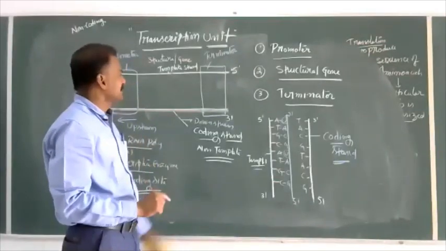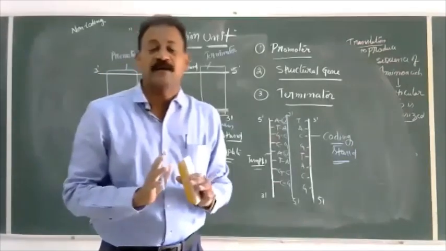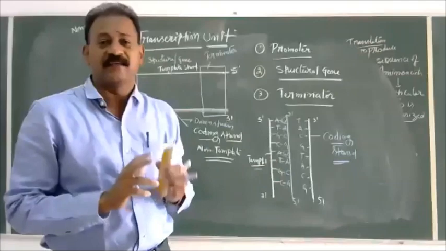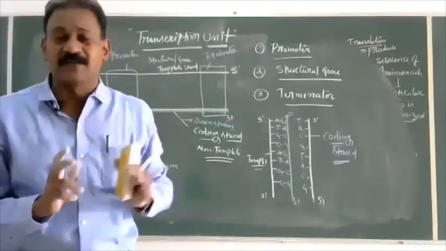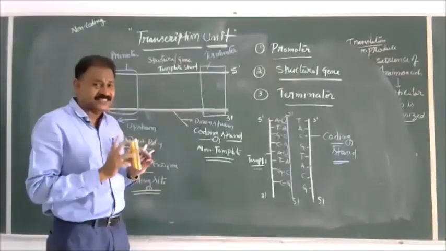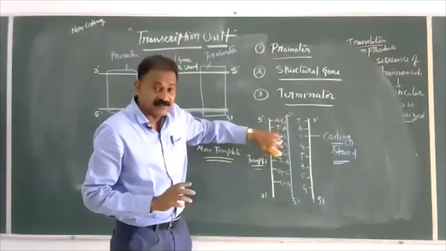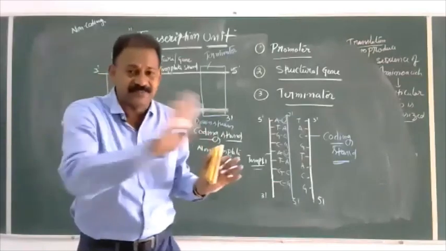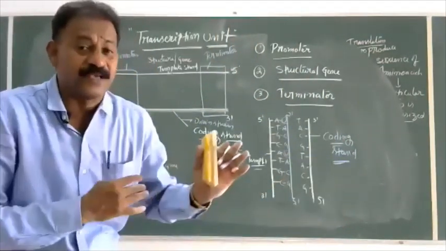So my dear students, what is transcription? Transcription is nothing but formation of RNA from the DNA in the presence of the enzyme DNA dependent RNA polymerase or transcriptase. Here, whatever sequences are present in the DNA, the same sequences are not found in the RNA; it is complementary.